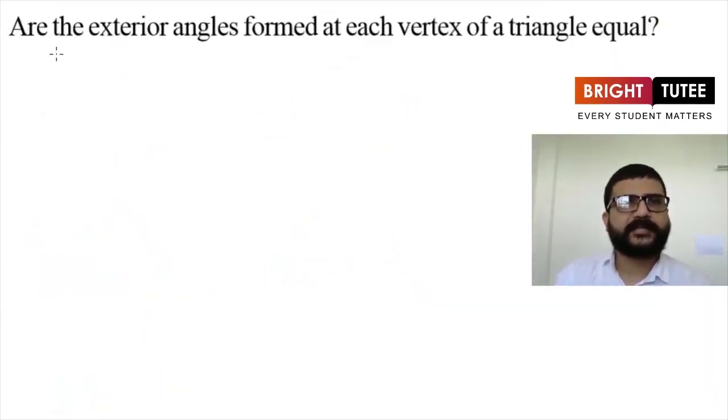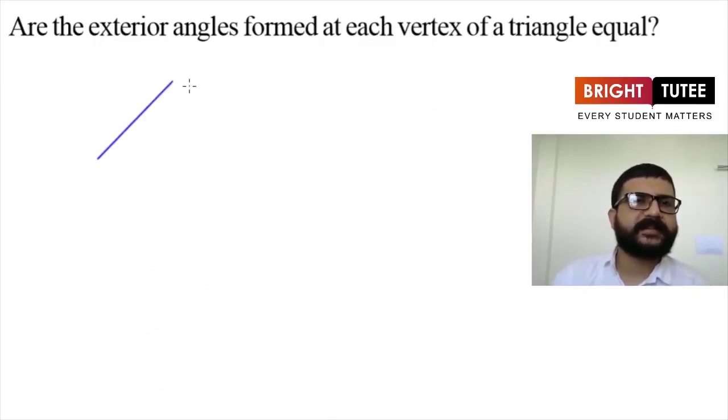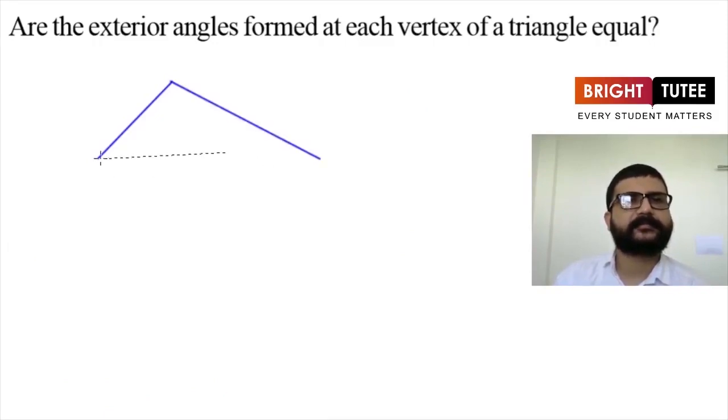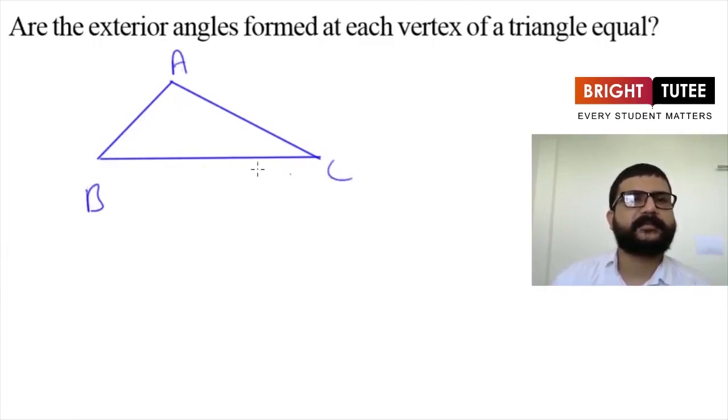Now the next question is, are the exterior angles formed at each vertex of a triangle equal? So what do you think? Exterior angles formed at different vertices, are they equal? Let's check it out. Let's say we are having a triangle like this. We can name it as triangle ABC.